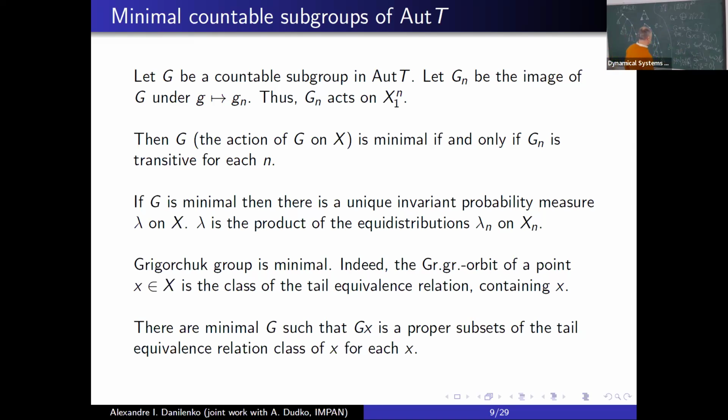And it's easy to see that H is minimal as a transformation group.